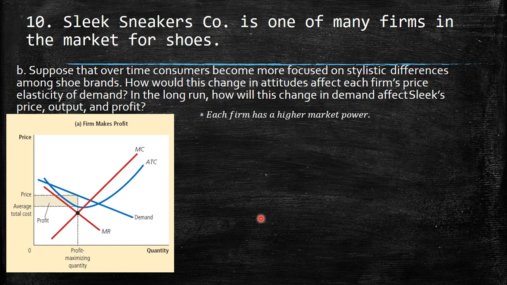So immediately demand becomes more inelastic. Why inelastic? Because even if they change the price a little bit, the quantity won't change more than the price was changed. So that's the idea.